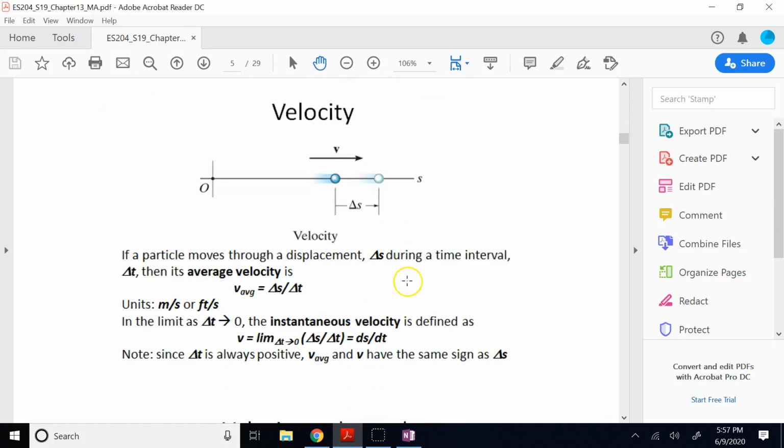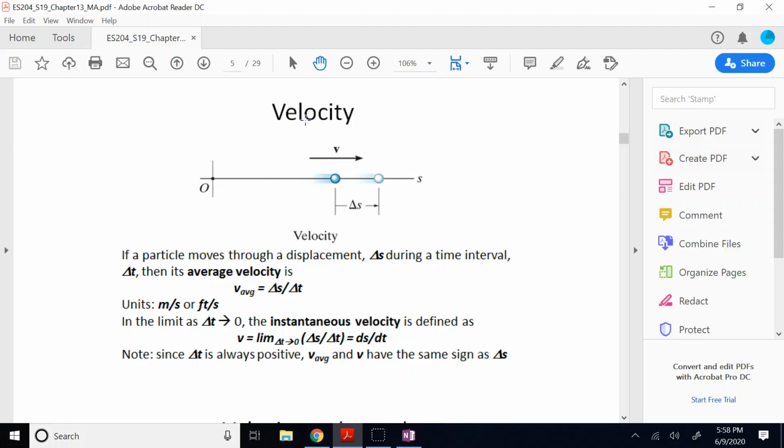Now, velocity similarly can be defined as the rate of change of position. And since the velocity is always tangent to the path and the path is a line, velocity is also always on this line. Okay, the line of action for velocity is the same as this line. So instead of velocity being considered a vector, I can just consider it to be what?